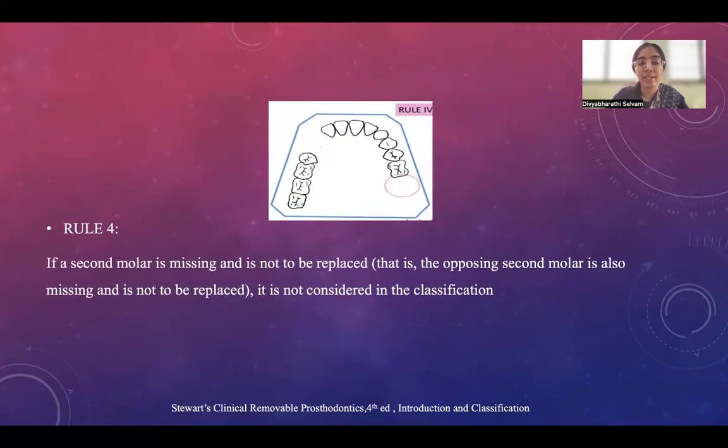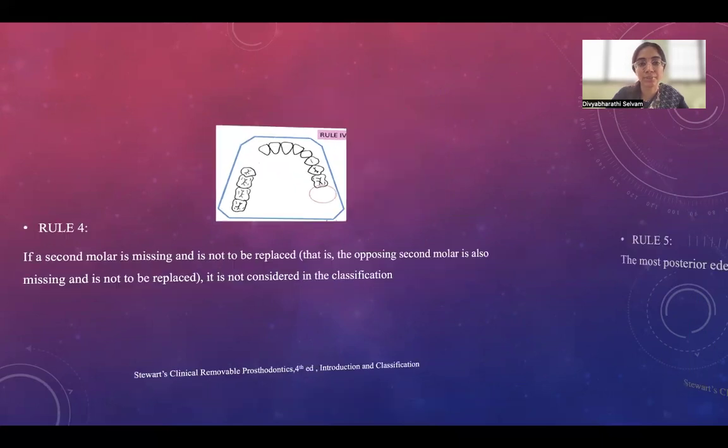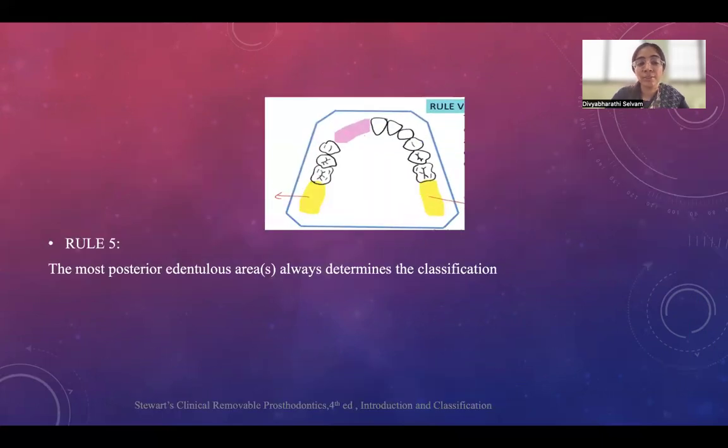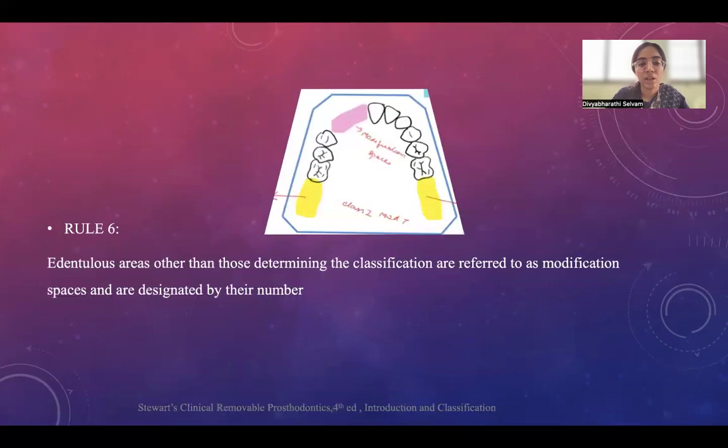Rule 4: if a second molar is missing and is not to be replaced, that is, if the opposing second molar is also missing and not to be replaced, it is not considered in the classification. Rule 5: the most posterior edentulous area always determines the classification. Rule 6: edentulous areas other than those determining the classification are referred to as modifications, and they are designated by numbers rather than the spaces.